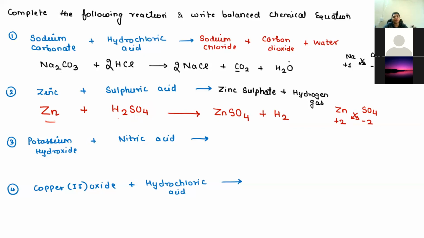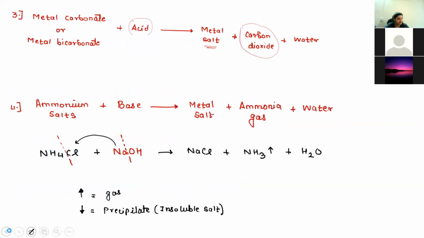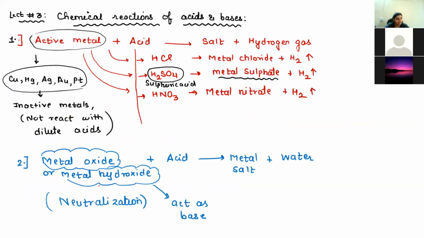Let us go for the next one. Potassium hydroxide plus nitric acid. Potassium hydroxide is a metal hydroxide, and metal hydroxide plus acid will give you a metal salt. Which acid is there in the third one? Can I say nitric acid? Yes.